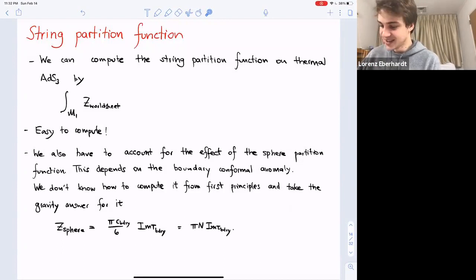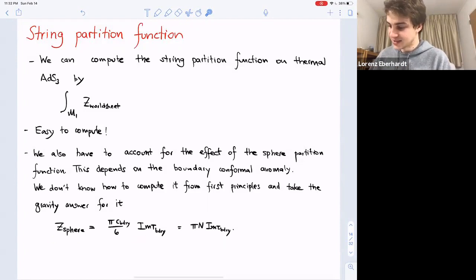It's really deep. So we don't know how to do it, but we can compute it just using gravity. For the purpose of this talk, I will just use the gravity answer and hope that it continues to be true in string theory, because genus 0 is the part that is captured by classical gravity.